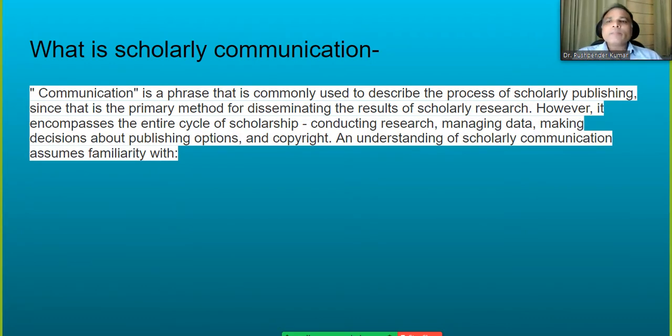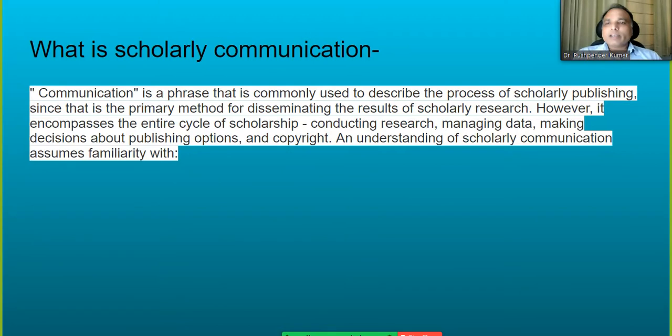Scholarly communication is a phrase commonly used to describe the process of scholarly publishing, since that is the primary method for disseminating the results of scholarly research. So when you send your paper for publication, it means you are disclosing or disseminating your outcome, your output, your result.